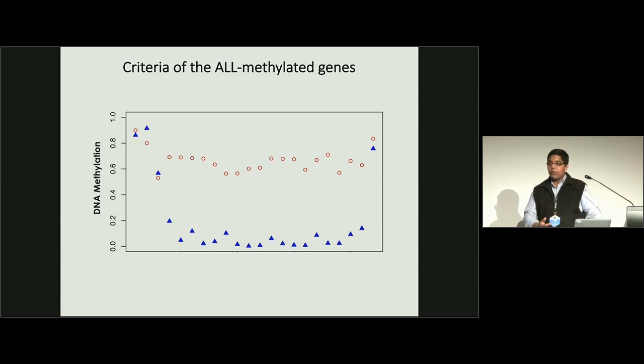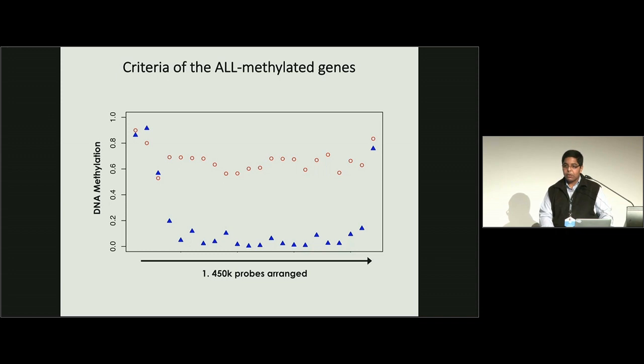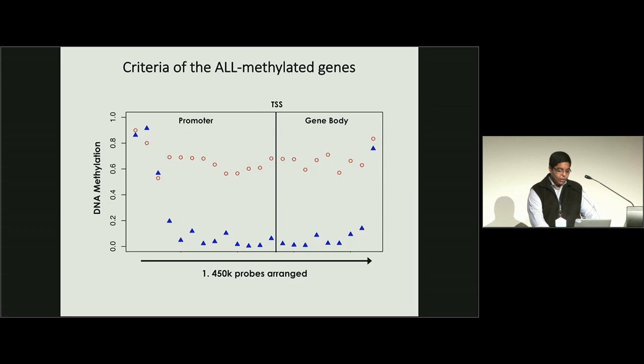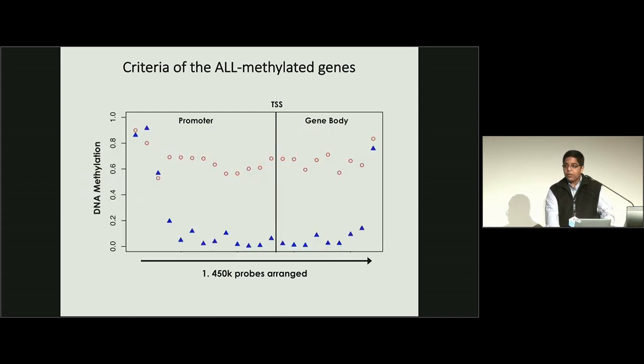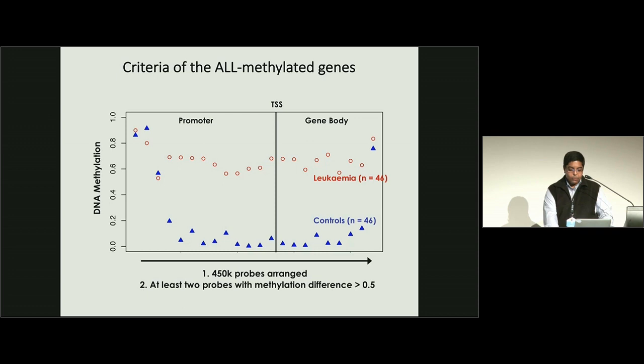The ideal tool is one that can arrange the 450K array probes for the gene of interest in a way that's similar to the genome browser, so I can dissect the gene into different genomic locations, like the promoter and the gene body. The ideal tool could also plot the methylation values for the genes of interest for leukemia samples and controls at the same time.